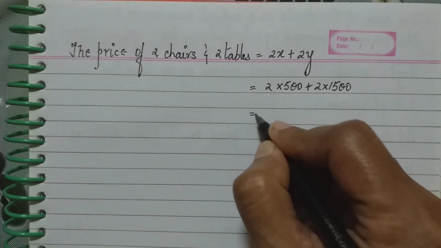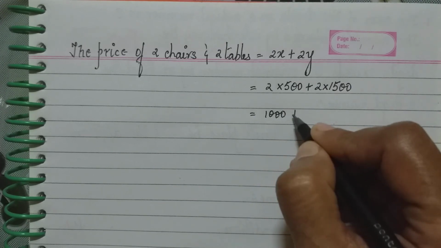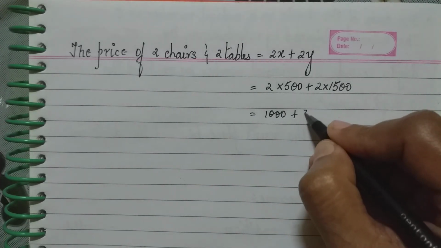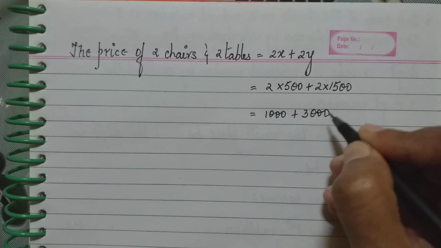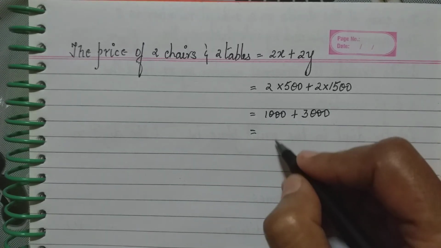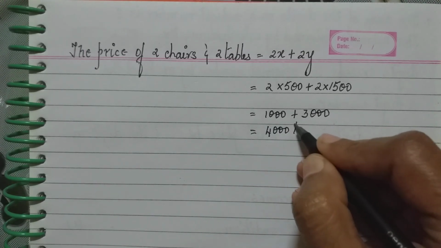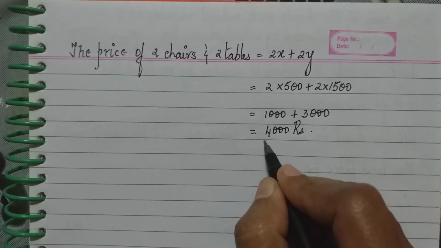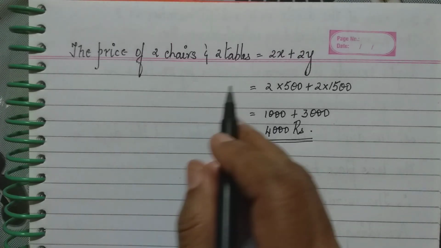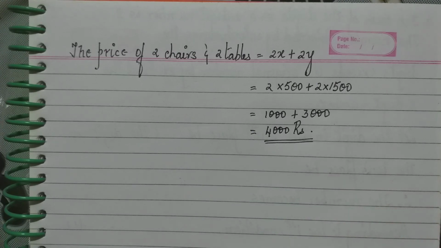So this is equal to 2 into 500 is 1000, plus 2 into 1500 is 3000. So this is equal to 1000 plus 3000, which is 4000, that is 4000 rupees. Therefore, the price of 2 chairs and 2 tables is 4000 rupees.